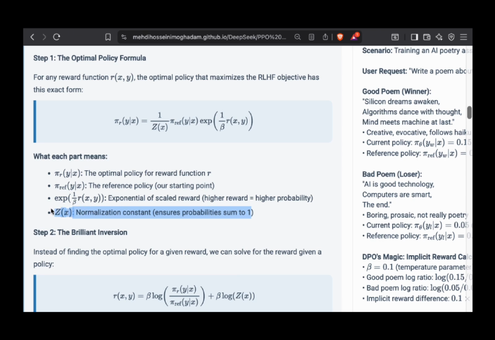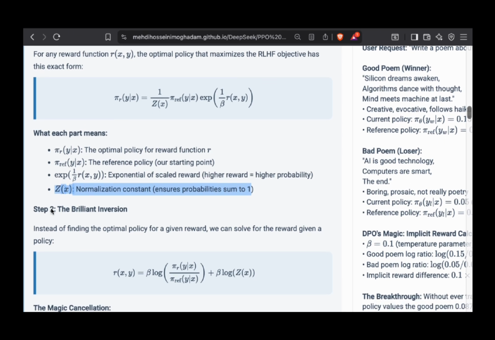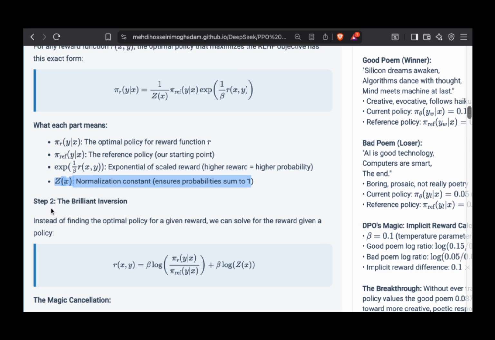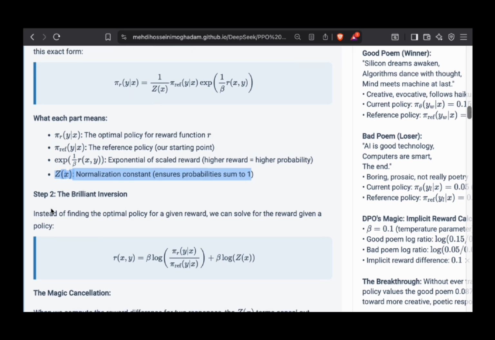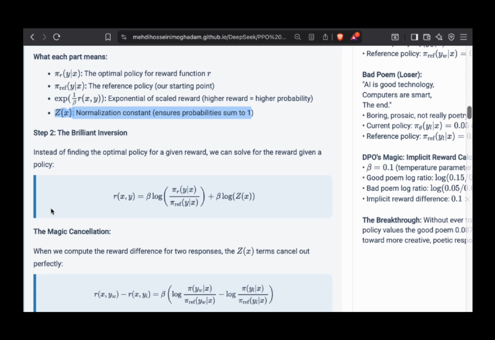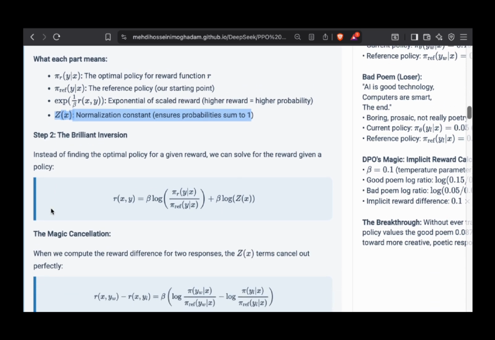So let's see what this Z(x) is and how we can technically get rid of it. But first, let's just quickly finish this and then we can go back to that Z(x).